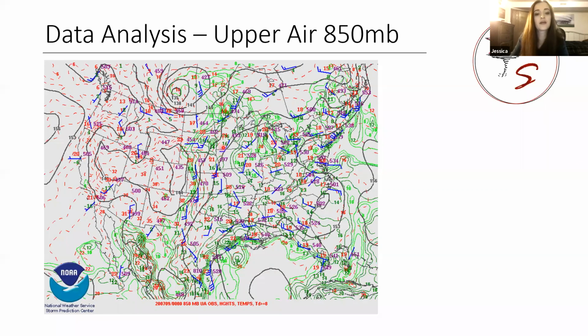And we move down to 850 millibars. This is really where you're starting to see the moisture advection pulling moisture northward into the area. And you can still see the moisture pooling, especially right here in eastern South Dakota, pulling that moisture north and northeastward into the region, into Minnesota.